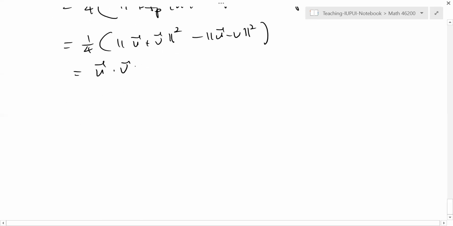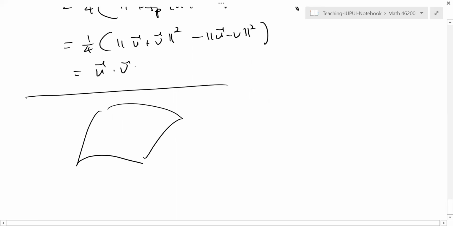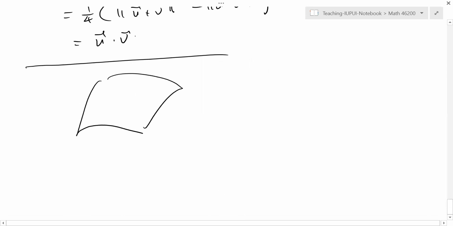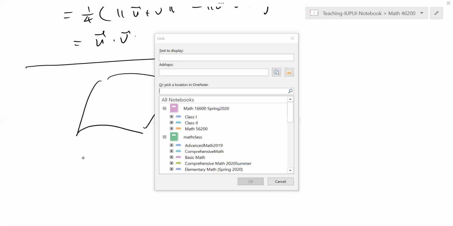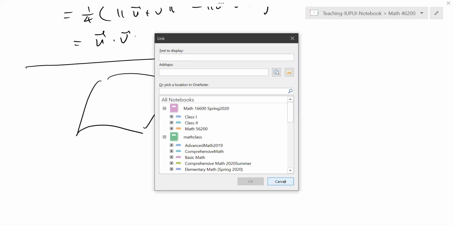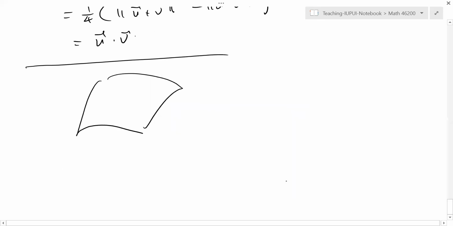So now let's take a look at the first fundamental form. If you remember, the first fundamental form of the surface is defined by the inner product. Roughly speaking, the inner product is just the first fundamental form. The first fundamental form is actually the inner product on the tangent space.